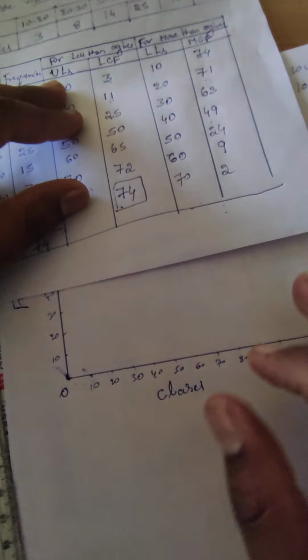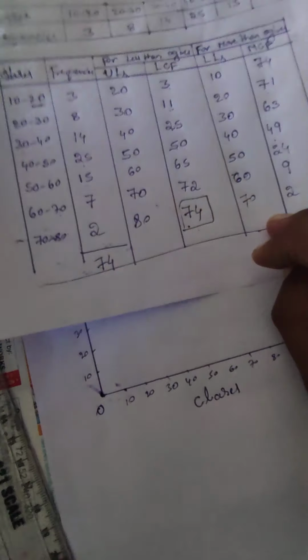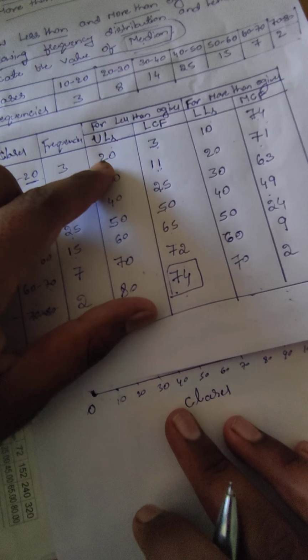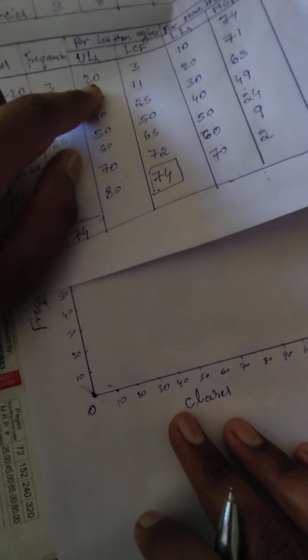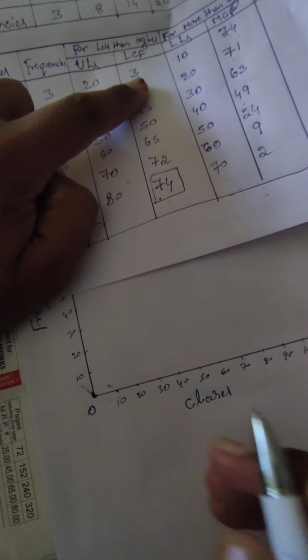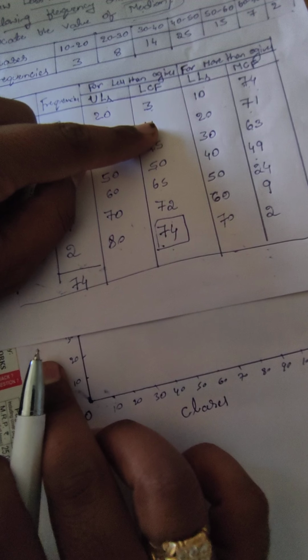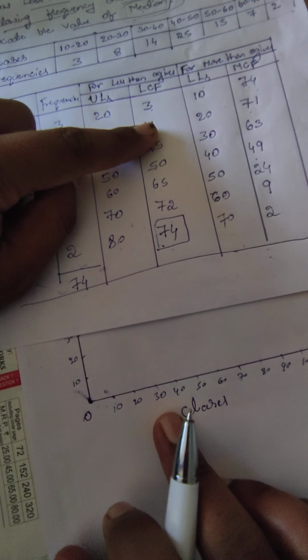First, upper limits. Based on this information, we have to draw the ogive lines. Okay. For upper limit 20, the frequency is 3. This is the frequency, this is the classes.